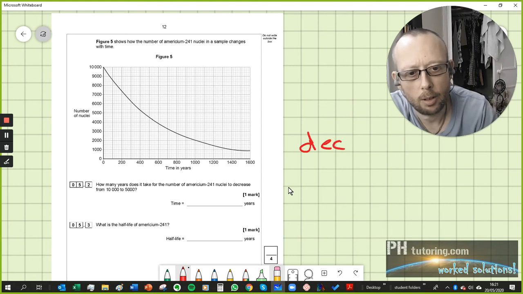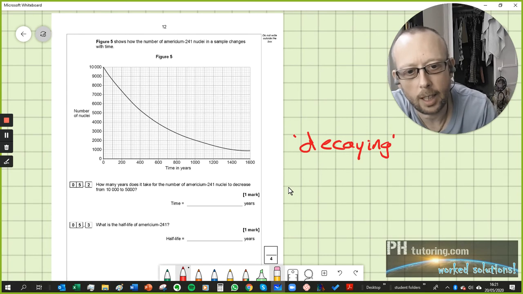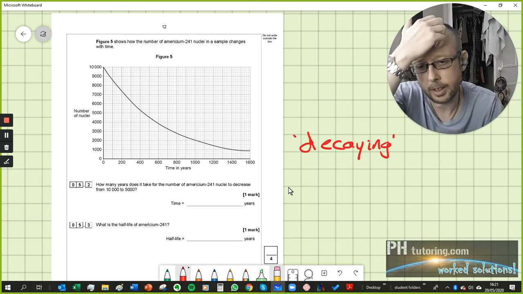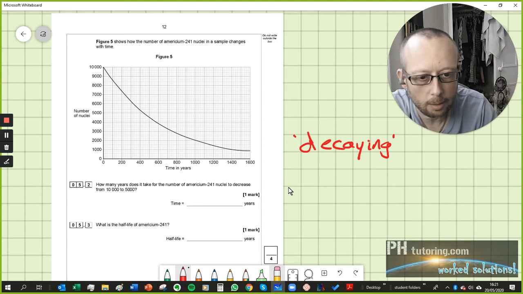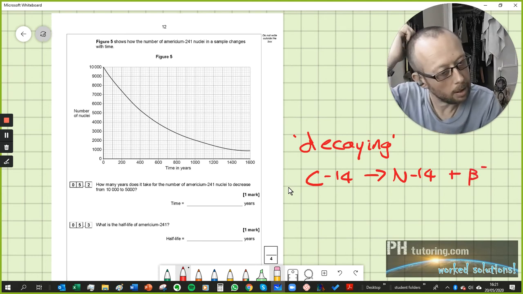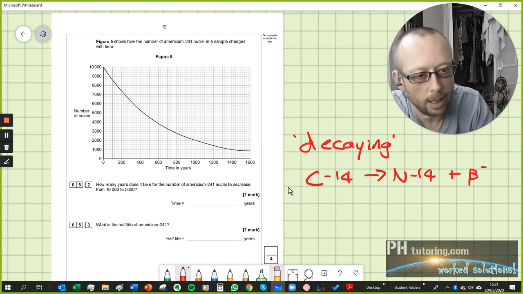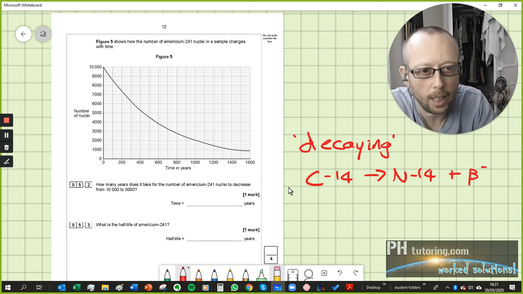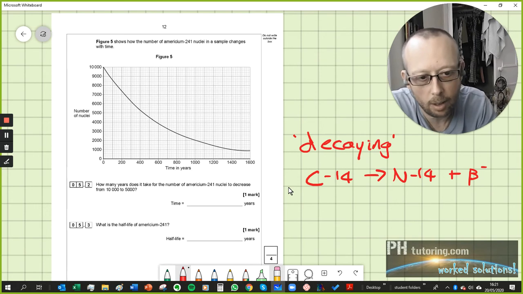Now, if you're a little bit rusty on radioactive decay or radioactivity, essentially something turns into something else. The classic is carbon. An isotope of carbon can turn into an isotope of nitrogen, and it gives off something else. In this case, it gives off something called a beta particle. But we're not really interested in the other thing that's given off for the purpose of understanding what decay means.